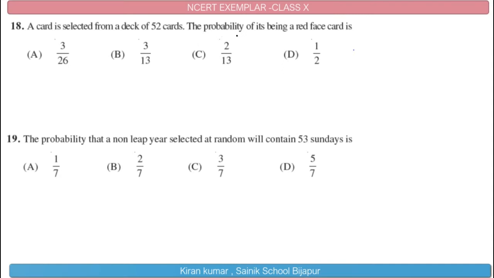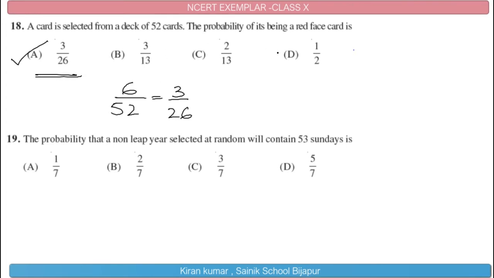Here the question is the probability of being a red face card. How many face cards are there which are red in color? So it's 6 out of 52, nothing but 3 upon 26.